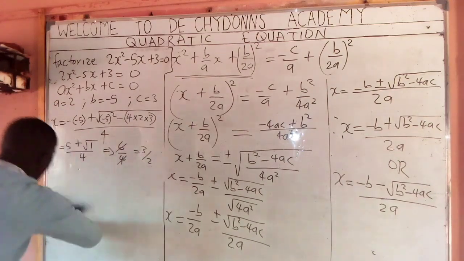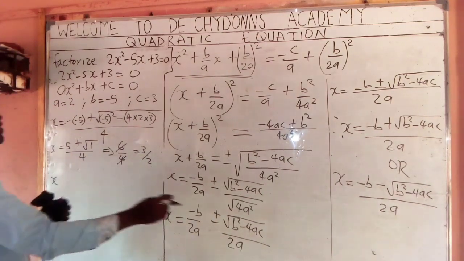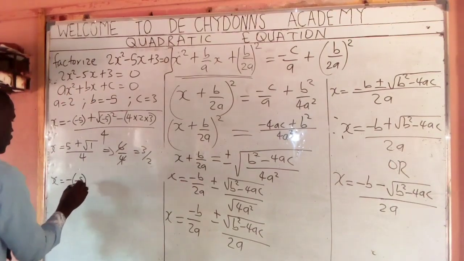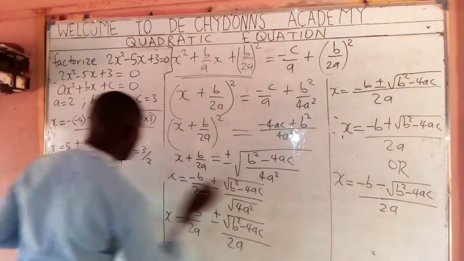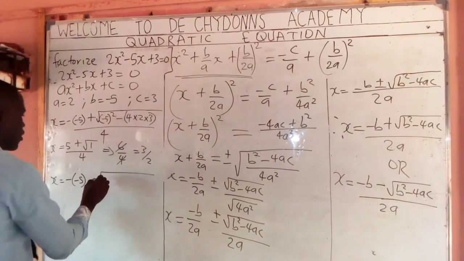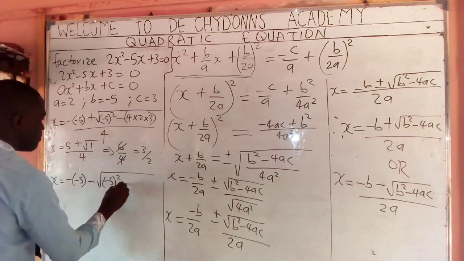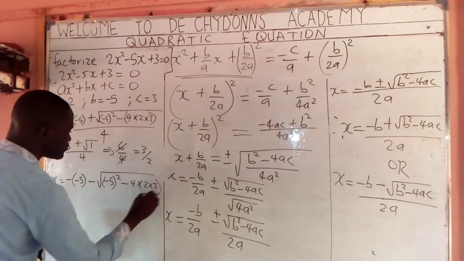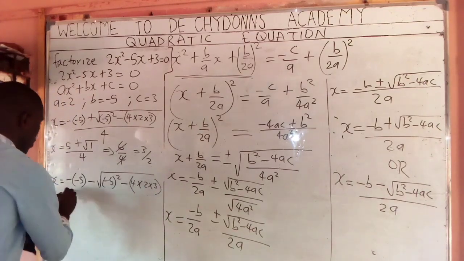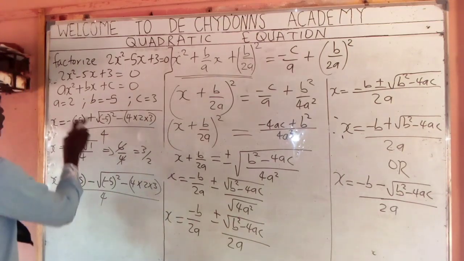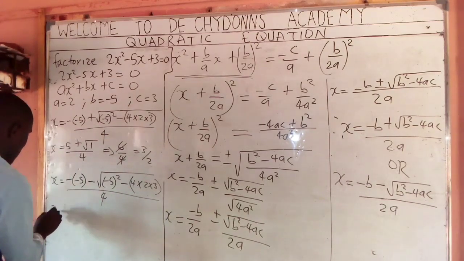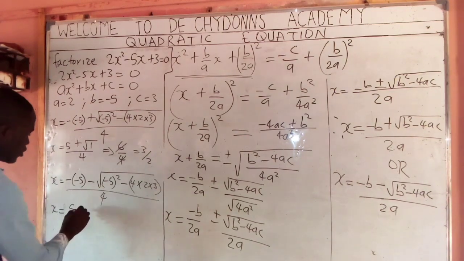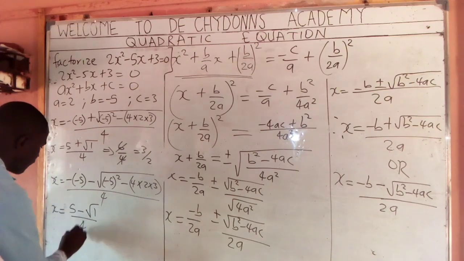Then the second value of x, use the second formula. Minus bracket minus 5, which is 5, minus the square root of minus 5 squared minus 4 times 2 times 3, all over 4 because 2 times a is 4. x will be equal to 5 minus the square root of 25 minus 24, which is 1, all over 4.